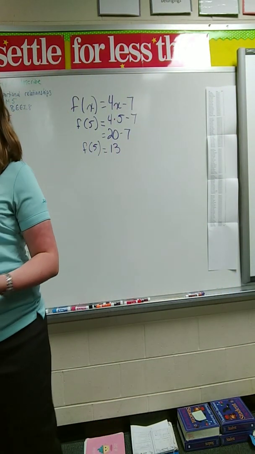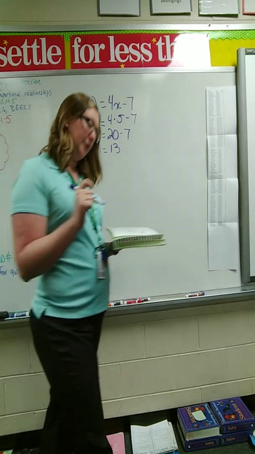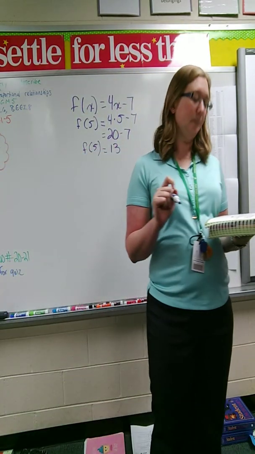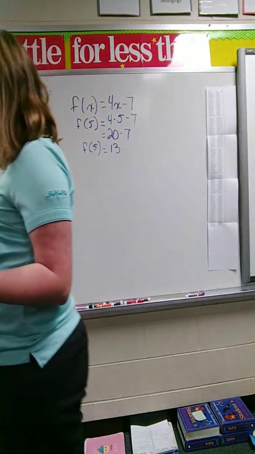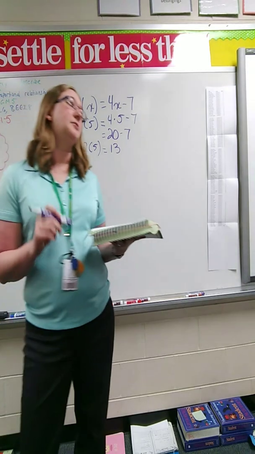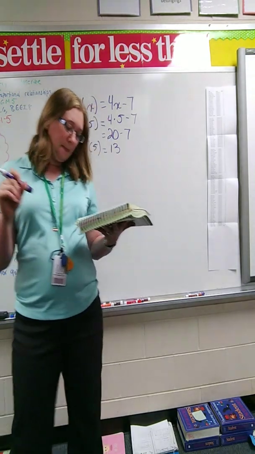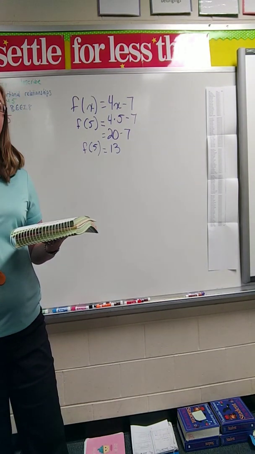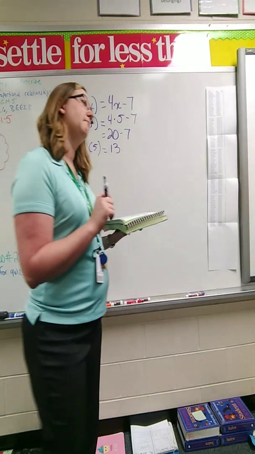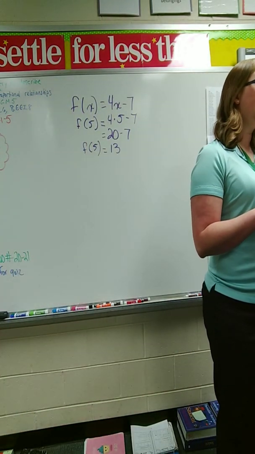In 388, above numbers 31, 32, 33 at the bottom, it says, if f of x equals 4x minus 3, and g of x, which means it's a different function but within the same problem, equals 8x plus 2, find each function value. It does sound confusing.